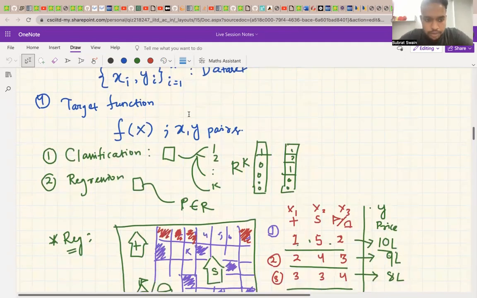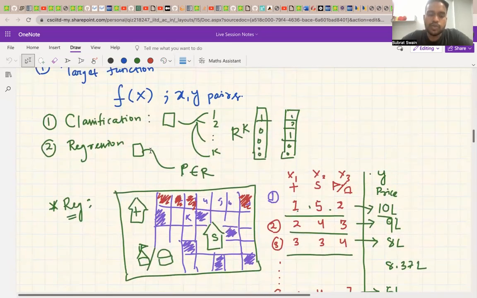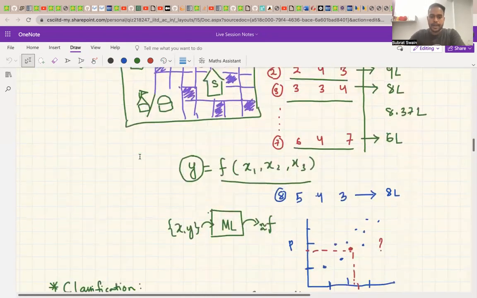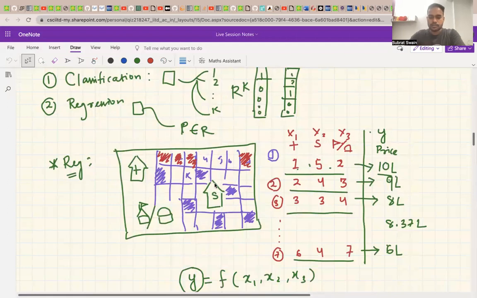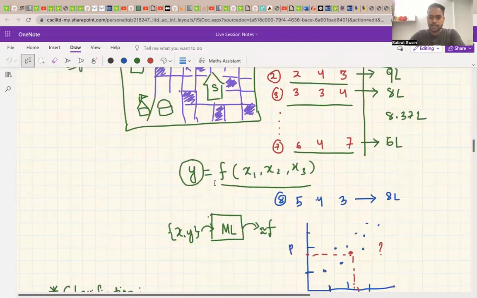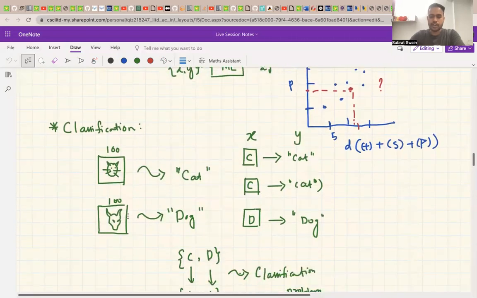Then we moved to the different tasks of machine learning, like classification and regression. In classification, we classify things into different categories, and in regression, we basically predict certain values. And then I gave this home price example, and for classification, I gave this cat and dog classification example.